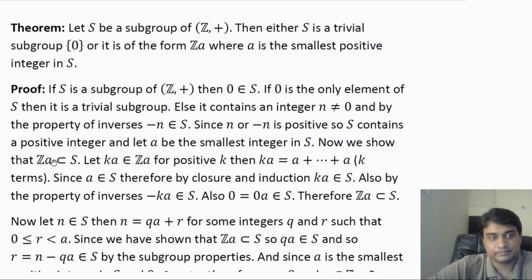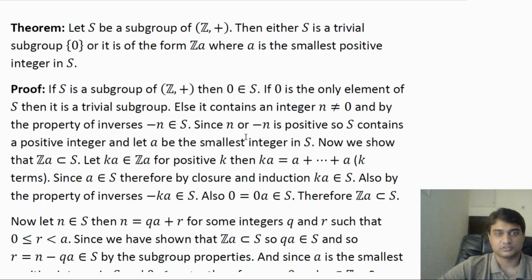By the property of inverses, since it is a subgroup, the inverse is also contained in S. So minus n is an element of S. If n is positive, then minus n will be negative, and if n is negative, minus n will be positive. So one of n or minus n has to be positive.